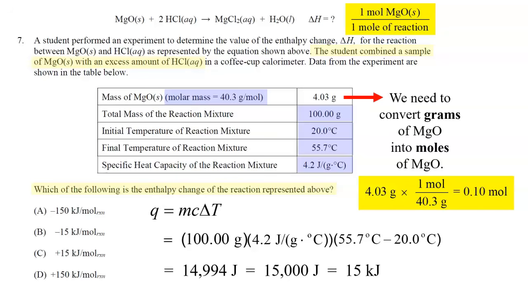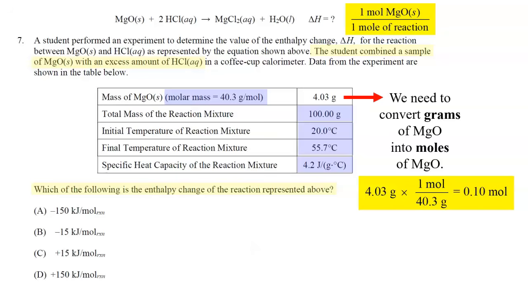So 15 kilojoules of heat is associated with 0.10 mole of reaction, and that means that the correct answer is going to be 150 kilojoules per mole of reaction. So 15 divided by 0.1 is 150.